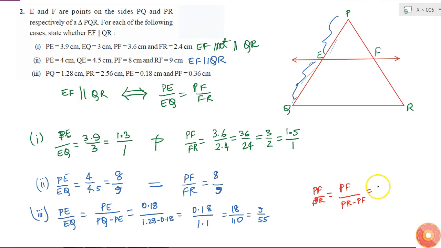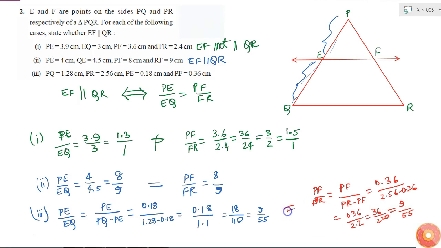So what will that be? This is equal to 0.36 by 2.56 minus 0.36, which is equal to 0.36 by 2.2. If I multiply by 100 on numerator and denominator, I'll get 36 by 220, which, if I try to simplify it, I'll get 9 by 55, because 9 into 4 is 36 and 55 into 4 is 220.